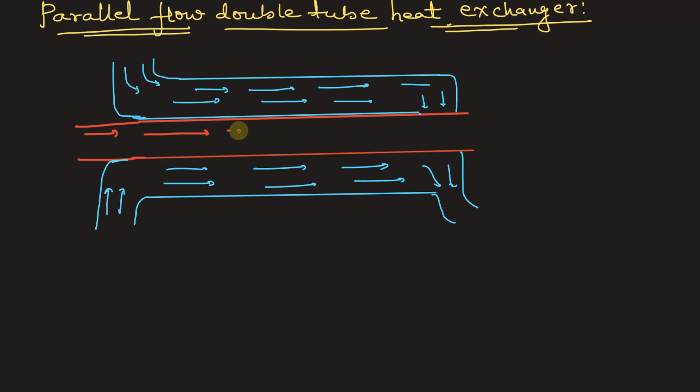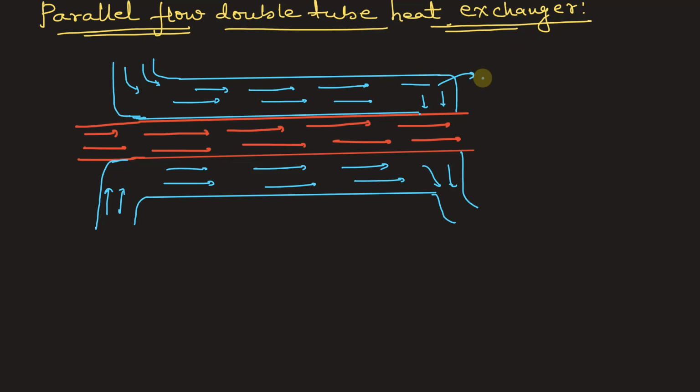So from the middle, hot fluid is passing such that the heat is transferred through these walls from the hot fluid to the cold fluid, and since the directions of these two flows are parallel, the name given to it is parallel flow double tube heat exchanger, or simply parallel flow heat exchanger.